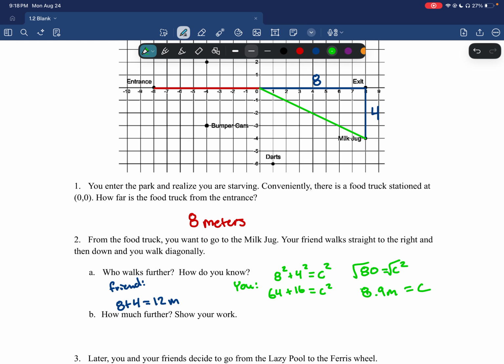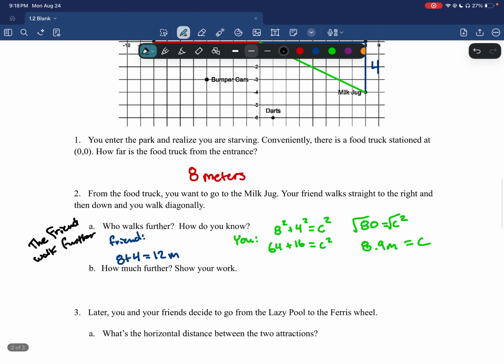And because it's in this form, I can easily tell that your friend who walked 12 meters walked further, okay? So who walked further? The friend walked further. And our proof is just that math that we just did, okay?